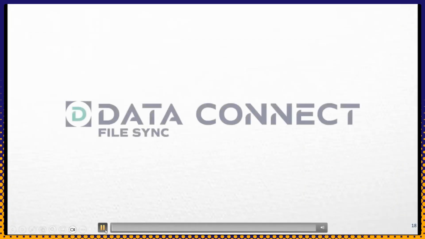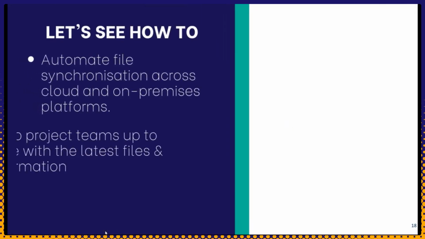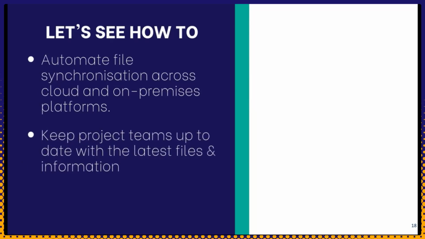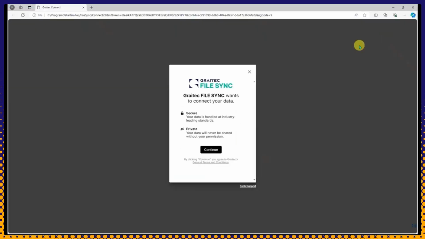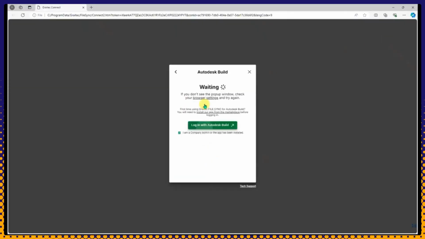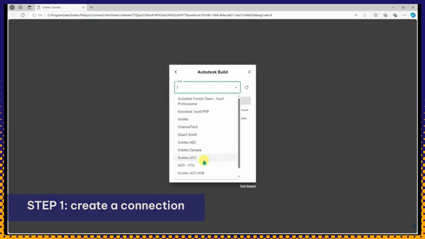Let's take a quick look at how FileSync works to automate workflow, keep data up to date, and preserve or back up your data. When you open FileSync for the first time, you'll start by setting up a connection with the platform or solution you're using. In this example, that's the ACC.